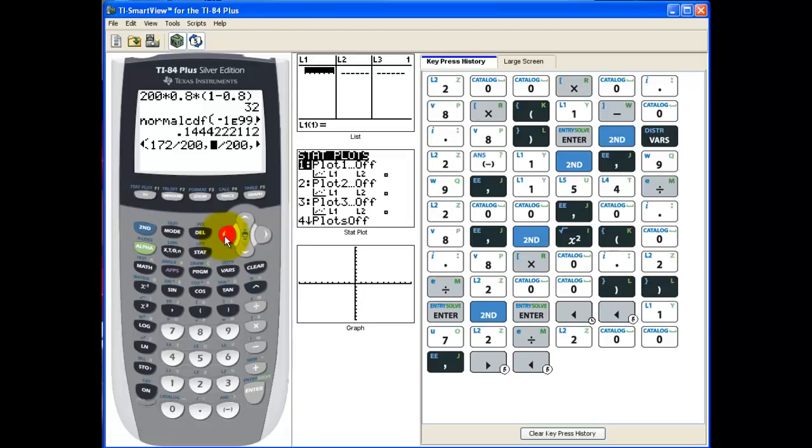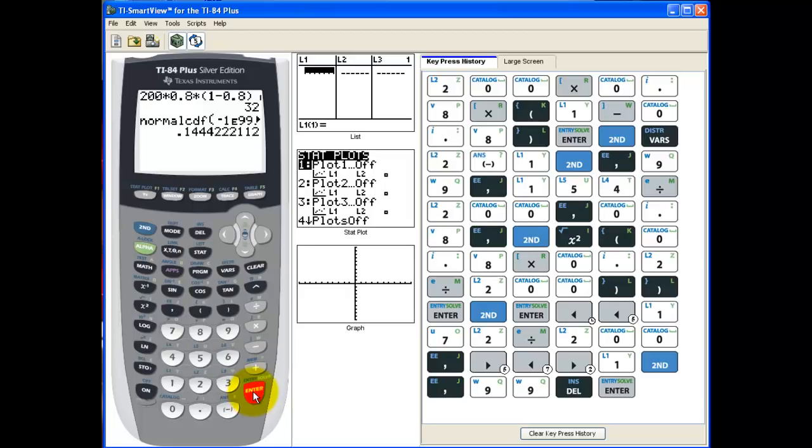So we want to key in 1 times 10 to the 99. And I have an extra 0 there. I need to delete that. So it looks like we're good to go. And there's the probability right there.